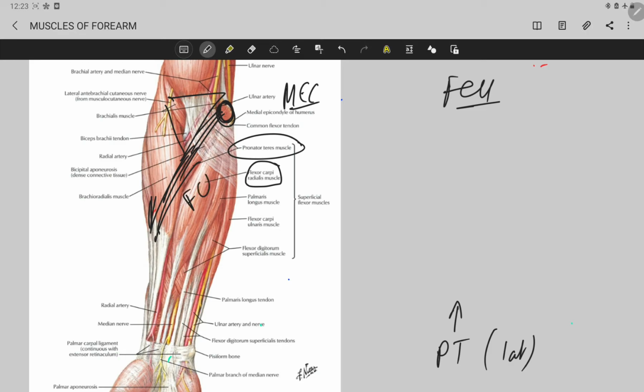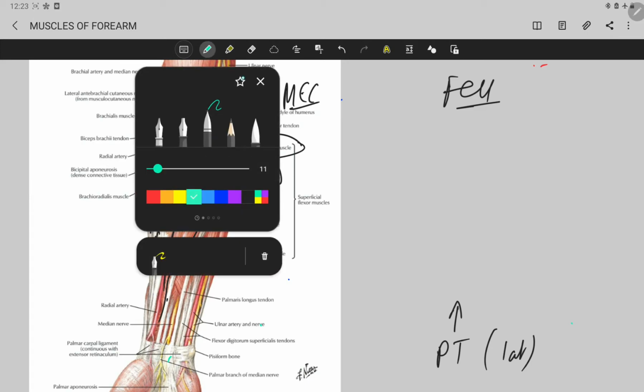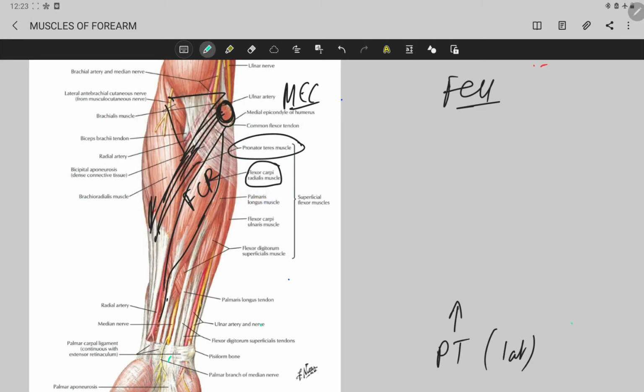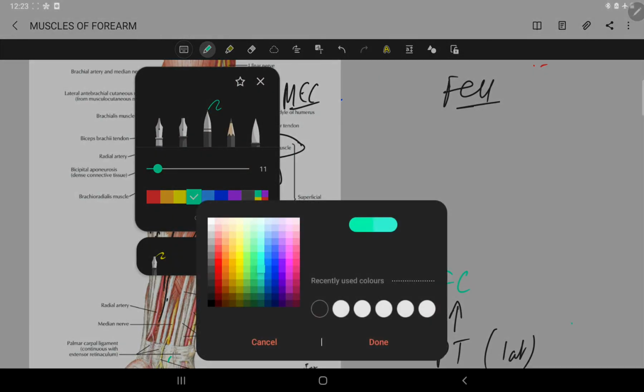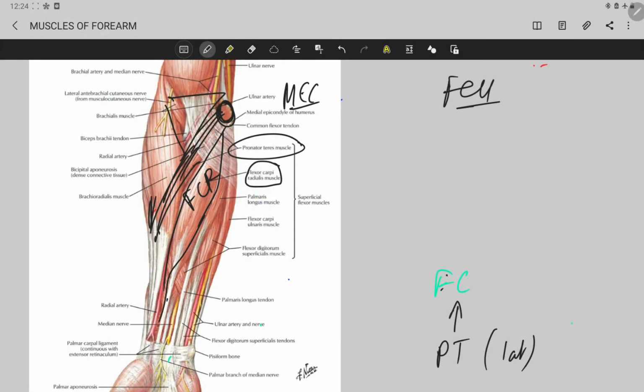This is the flexor carpi radialis muscle. And medial to flexor carpi radialis, you can see palmaris longus.